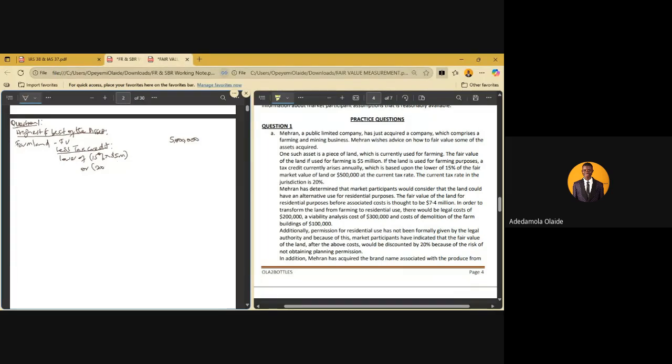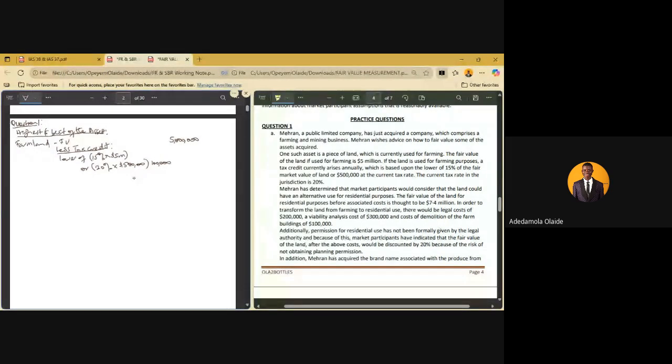He said 500,000 at the current tax rate, and the current tax rate is 20%. The 500,000 is the tax base. So that will give us 100,000.